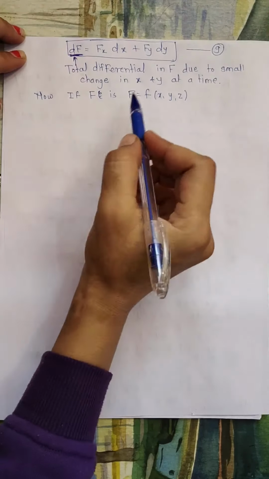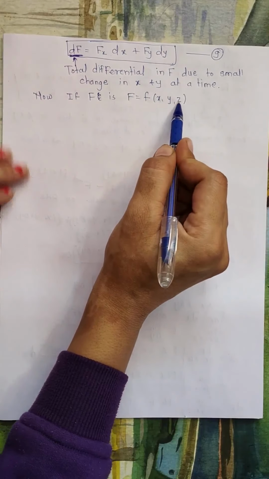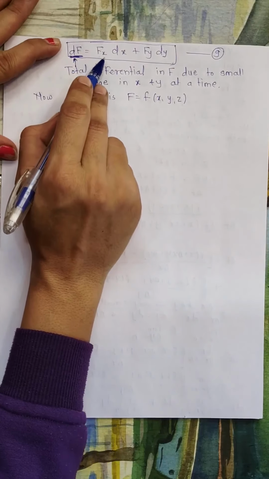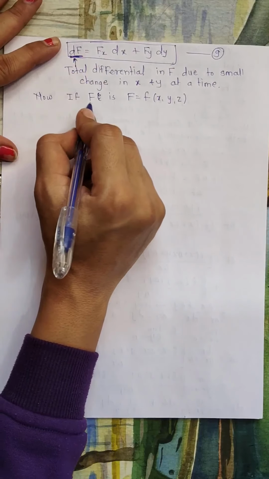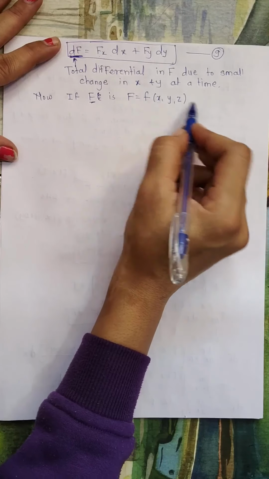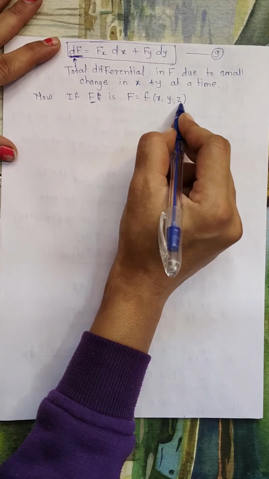Now, if we take f as a function of x, y and z, that is 3 variables, then similar to equation 9, we can write the total differential for this f, which is a function of 3 independent variables x, y and z.